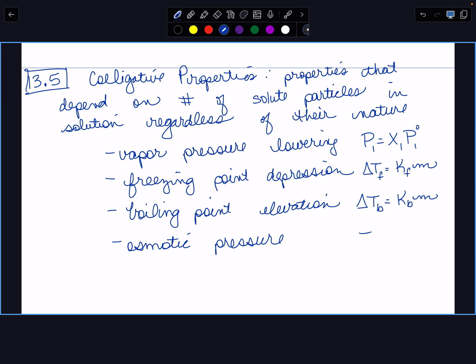And osmotic pressure looks like this. That's the symbol for pi, equals MRT. And I'll explain what all those mean, delta T and KB and everything.